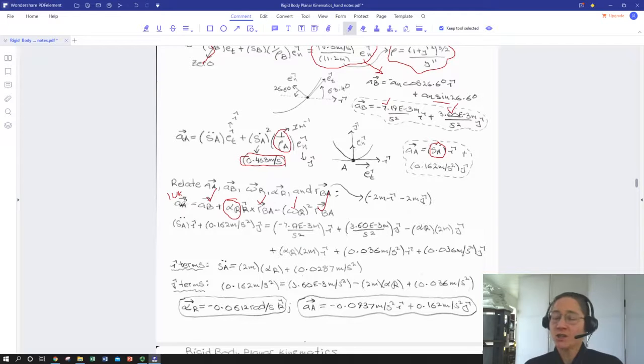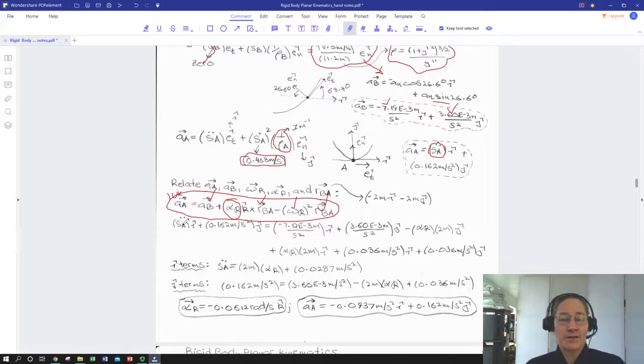The tangential component, or i hat component, of the acceleration of point A with respect to our reference IJ coordinate system, and we need the angular acceleration of the rod. Because we're working in 2D, this acceleration expression is effectively two equations in one, because we can separate all the i hat terms and the j hat terms. So we have two equations and two unknowns effectively.